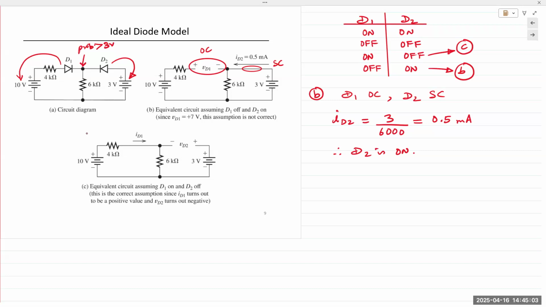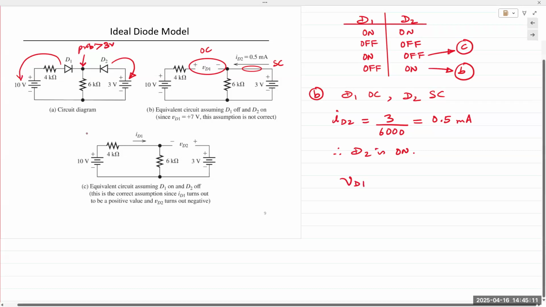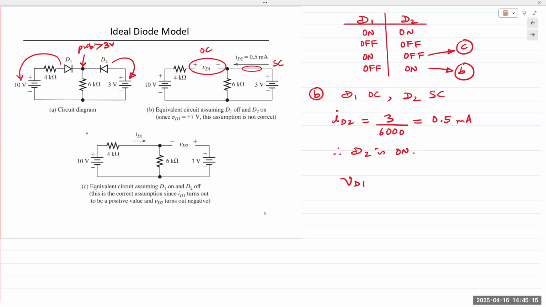Now we need to find VD1. Diode D1 is assumed to be off, so VD1 must be negative in order for the assumption to hold true. So it's a simpler circuit, so we can make direct observations. What is the voltage at the anode of D1?